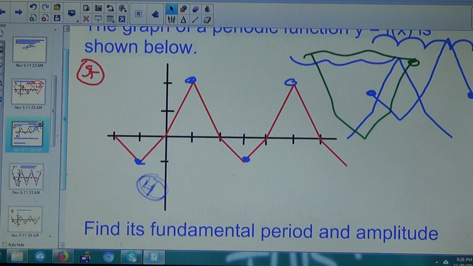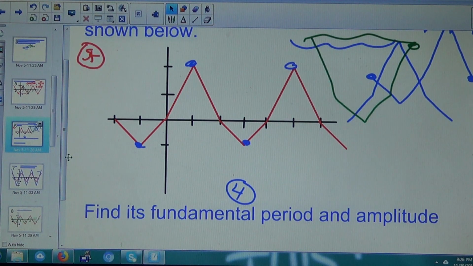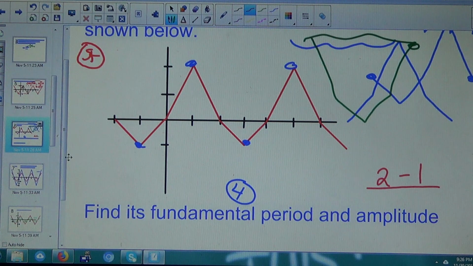Alright, so now I want to find the amplitude. So, fundamental period is 4. Amplitude is what formula? Solve that for me quick, just jot it down. Alright, max minus min divided by 2. What's the maximum height? 2. What's the minimum height? 1. Subtract them, divide by 2. What is my amplitude?